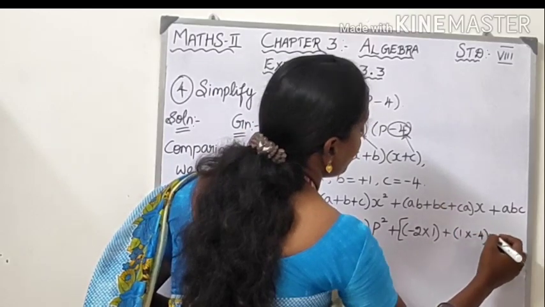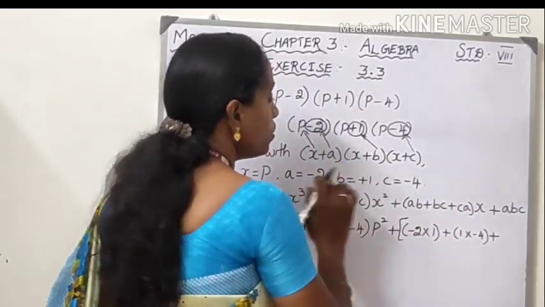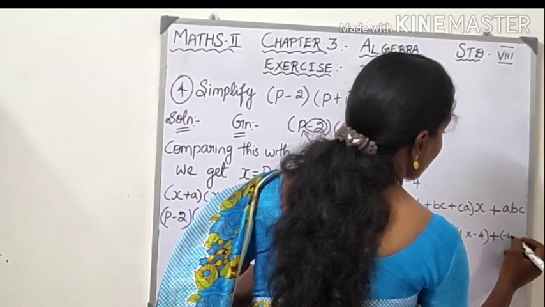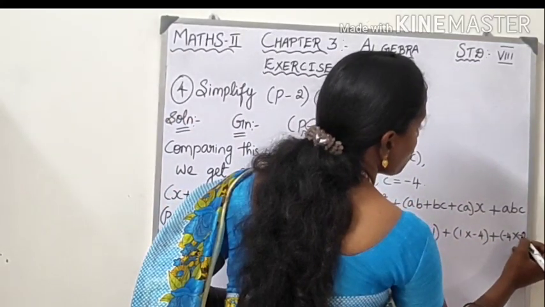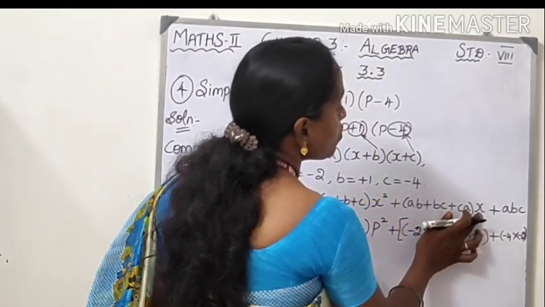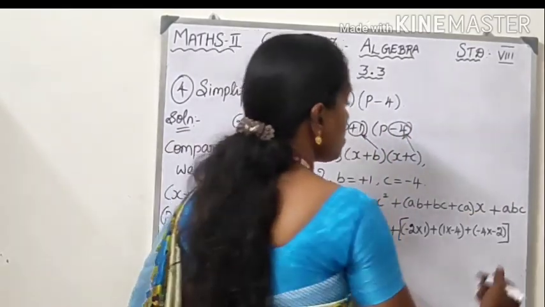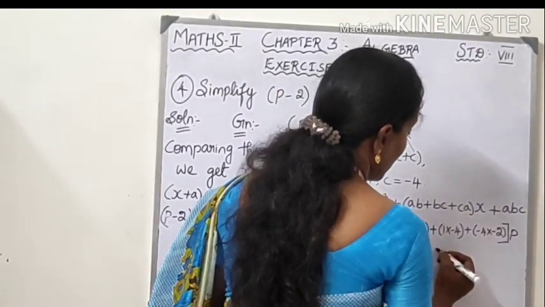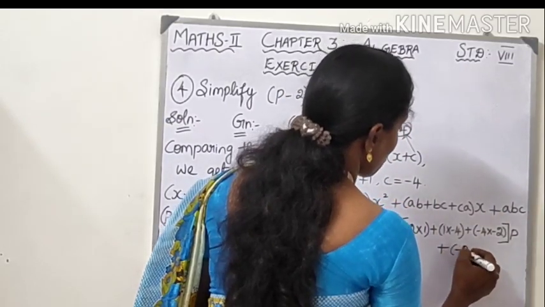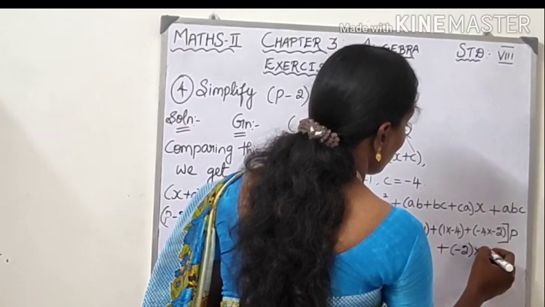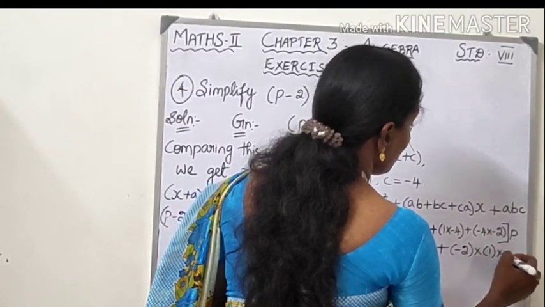Minus 4 plus, what is the c value? It is minus 4. Minus 4 into, what is the a value? It is minus 2. So here outside the bracket we have x, it is p, plus, what is the value of a? It is minus 2. So minus 2 into, what is the value of b? It is 1 into, what is the value of c?